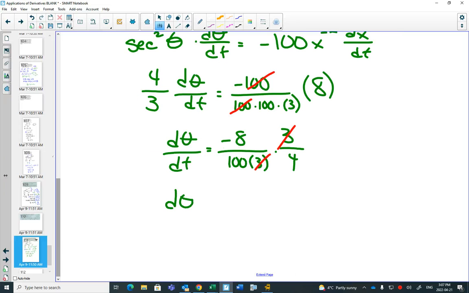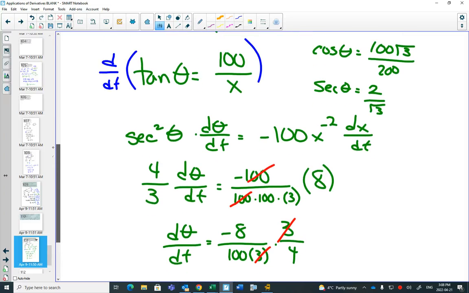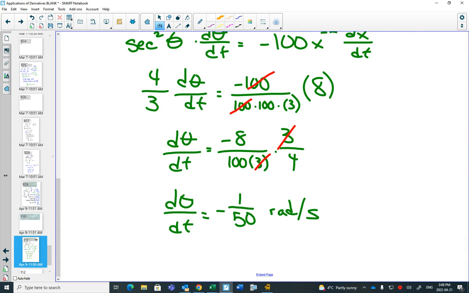And d theta dt will equal negative 1/50. What are our units? Radians per second. Thank you. Very cool.